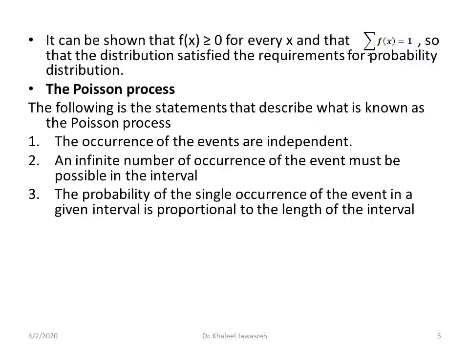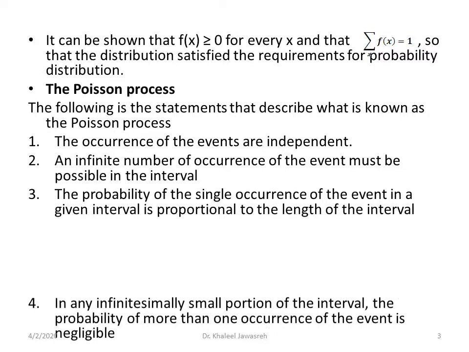Also, the probability of a single occurrence of the event in a given interval is proportional to the length of the interval. So we have intervals and we have probabilities. The single occurrence of the event in an interval should be proportional to the length of the interval. So we are dealing with intervals, and also with the probabilities within this interval.